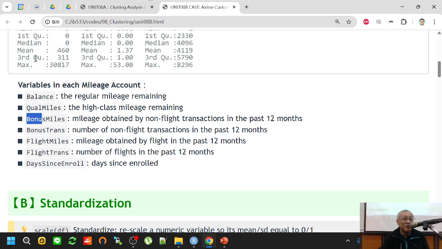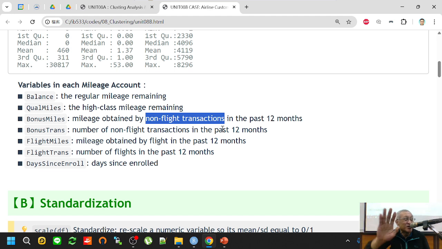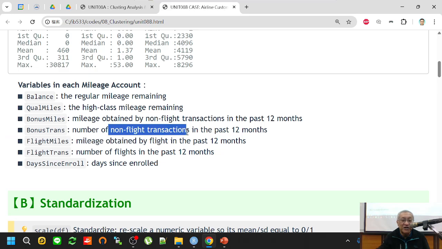So this variable is the mileage that you earn from these non-fly transactions. It's not the actual fly mileage, it's the mileage you earn from car rental and hotel, things like that. And this is the number of transactions in the past 12 months.